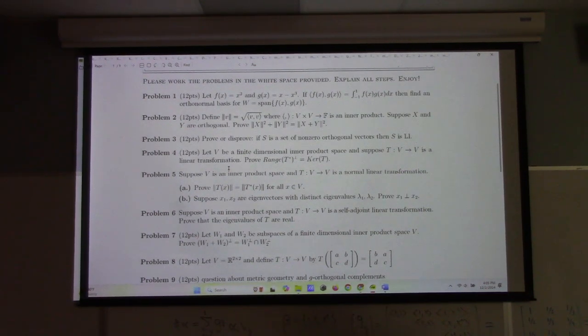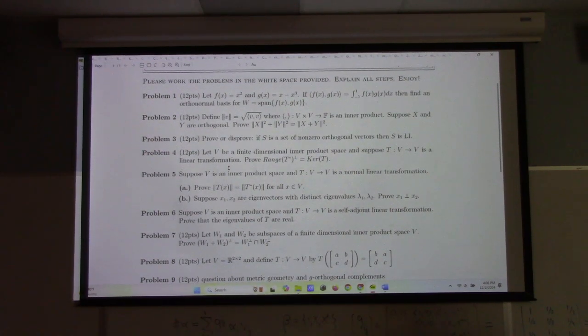Prove the perp of the range of the adjoint is the kernel of T. Prove, yeah, it is in the homework, exactly. Some of these are in homework. Some of these are like parts of propositions and sections in the chapter. These are the sections we covered in the book, right? Prove that the length of T of X is equal to the length of the adjoint of T acting on X. Distinct eigenvalues give you perpendicular eigenvectors.